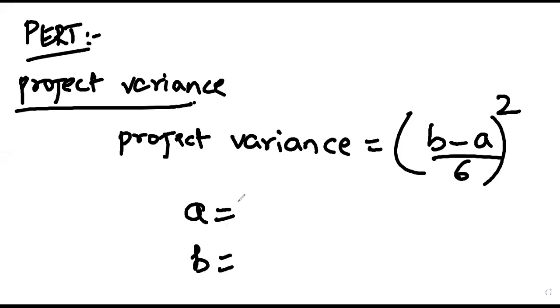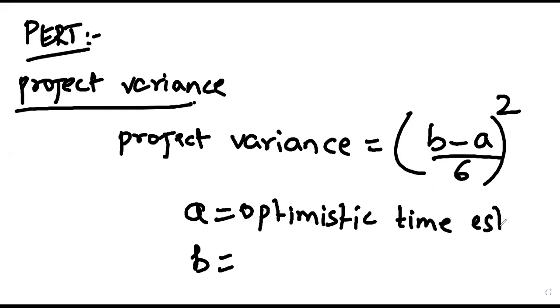What does B stand for? Optimistic. Optimistic time estimate. That means what? They're considering that if all goes well, then what will be the time duration for completing this activity? Optimistic. What is B? Pessimistic time estimate. Correct.